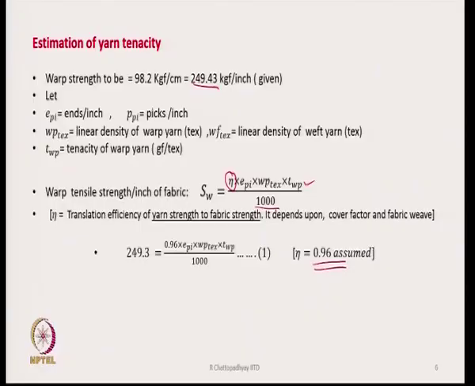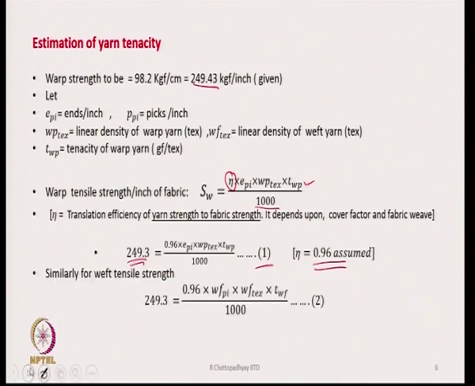So, we assume a value 0.96 and then we write the equation number 1, where this is the strength given, and on the right hand side you see we write 0.96 EPI WP TX TWP by 1000. So, that becomes one equation. Similarly, for weft tensile strength we can write a similar equation exactly, because here in both ways we need the same strength.